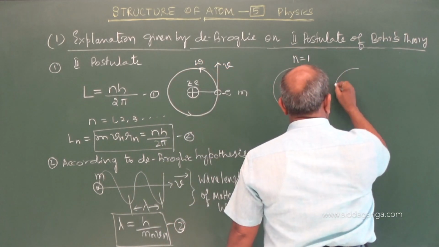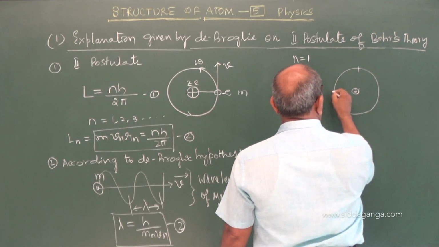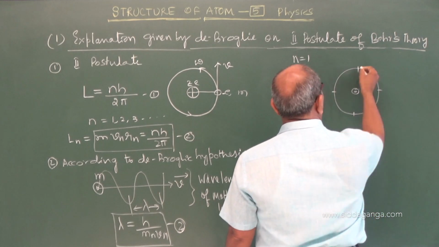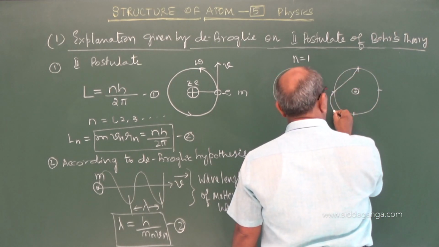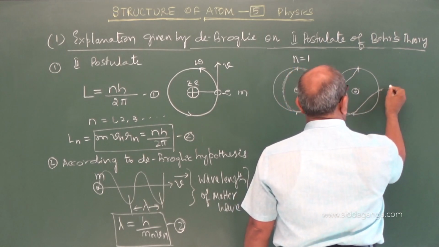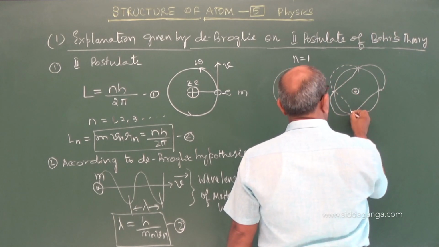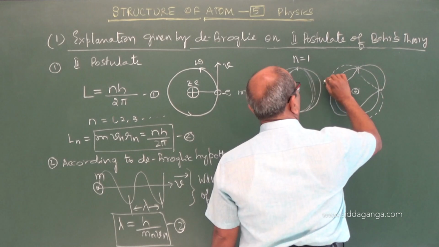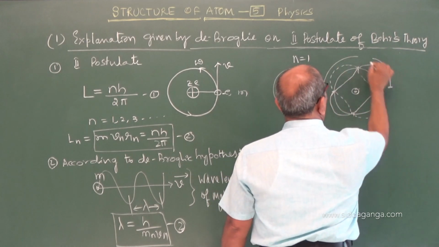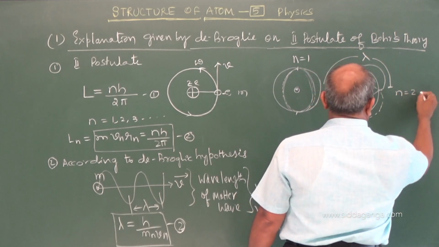In the case of the second orbit, 1, 2, 3, 4, I divided into 2. Let us start from this as we have taken. From here to here, it is lambda, or it becomes n equal to 2.